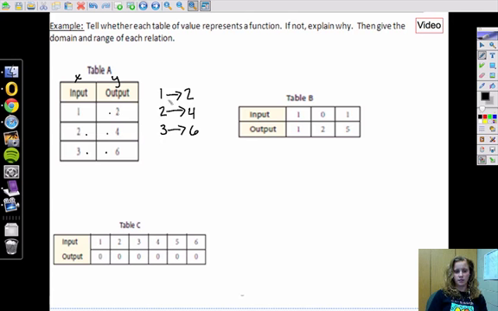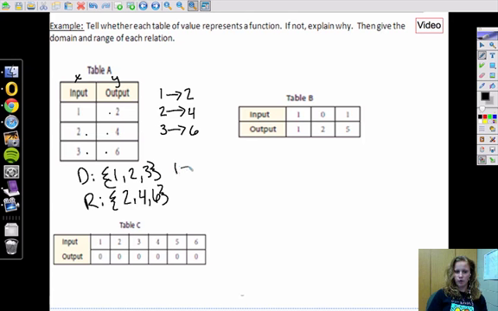Okay, so if we're asked the domain and range, the domain would be 1, 2, and 3. Okay, the range would be 2, 4, and 6. Okay, and notice this is not 1 through 3.